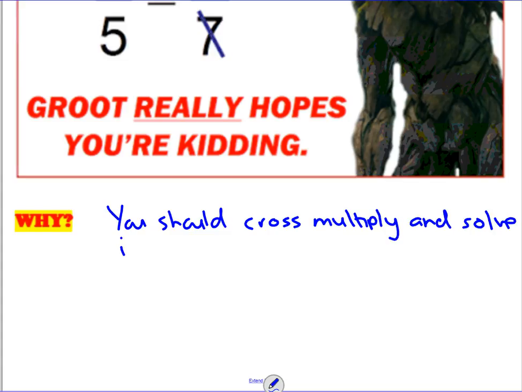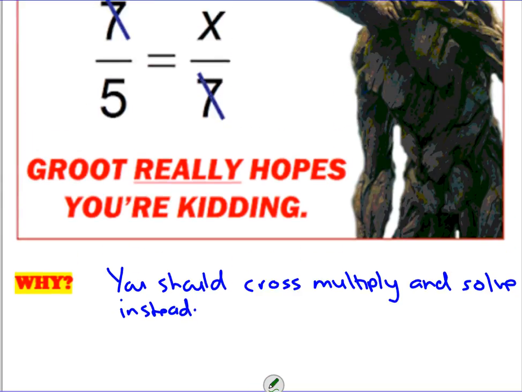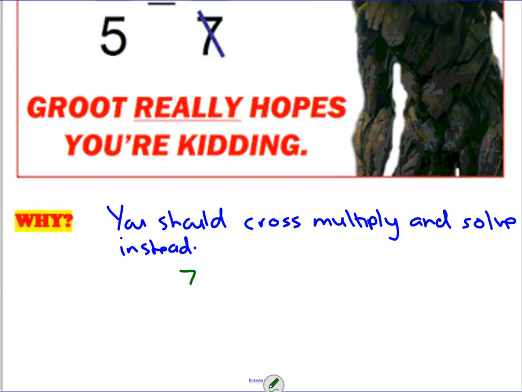So later on, one of the last topics is about solving. So instead they had 7 over 5 equals x over 7. Later on you're going to be asked to solve such things. Remember, you would cross-multiply: that times that, and that times that.